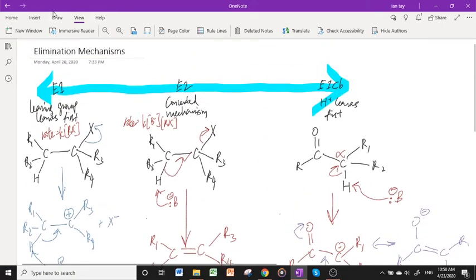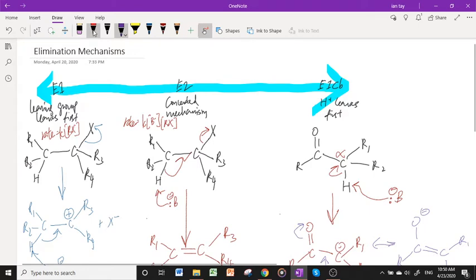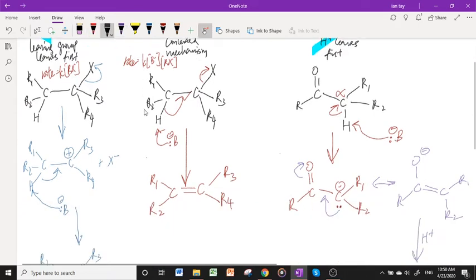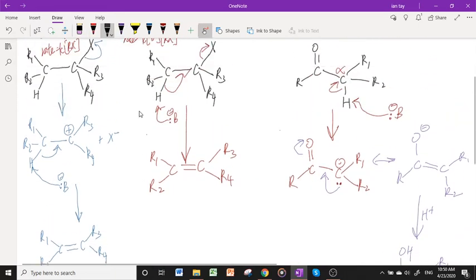So now I'd like to talk about the next point, which is elimination and substitution competition. If you look at this portion over here, you realize this carbocation is also the same carbocation intermediate for the nucleophilic substitution of the X group with a nucleophilic reactant.